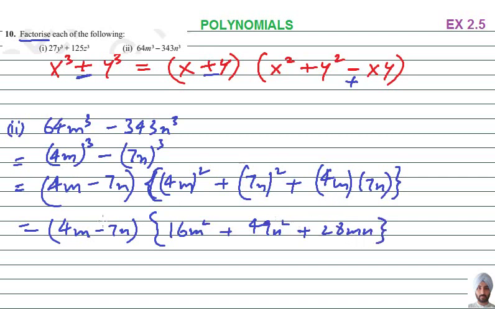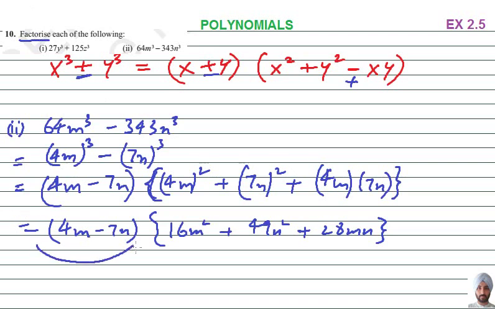I can open the brackets, but that is a very silly mistake. I know how to open brackets, but if I open them, I will have three or two different terms, because after solving this you are going to get 64m cube minus 343n cube again. We had to factorize them.